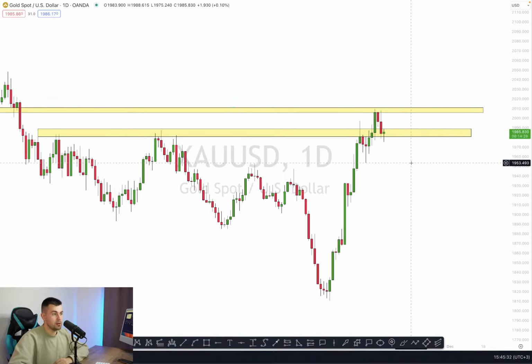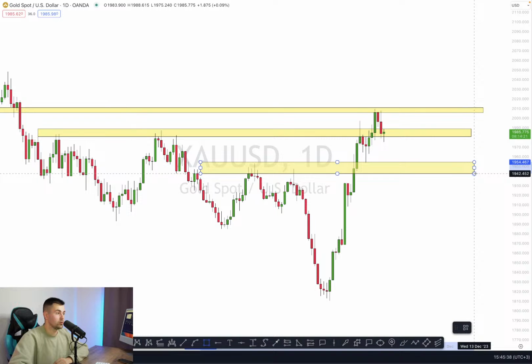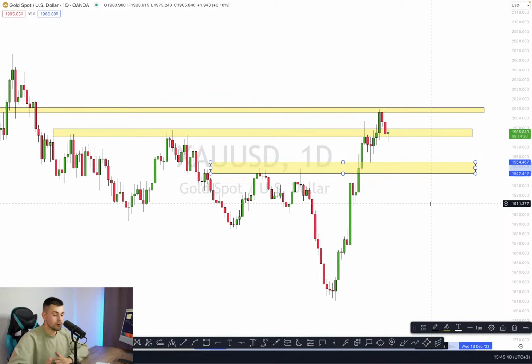We have a very strong support right here, and lower, one more important horizontal structure cluster. These structure clusters are very important because we will rely on them to make our predictions on gold.